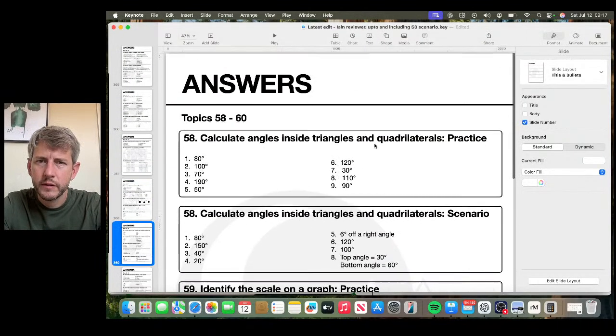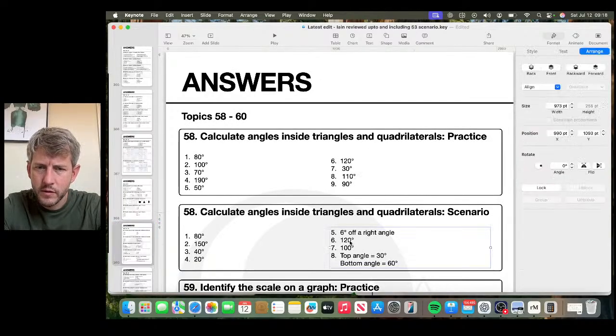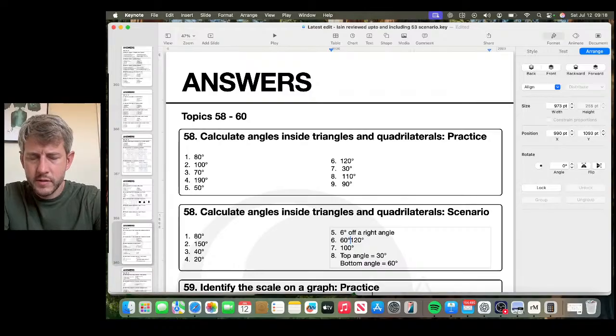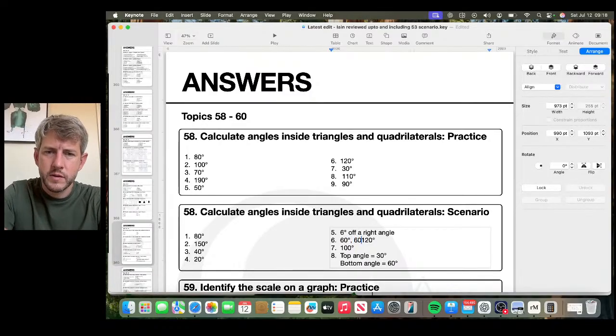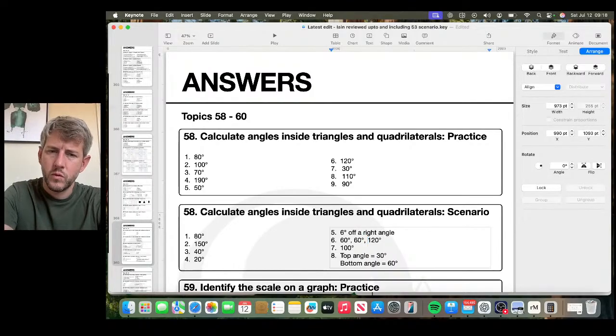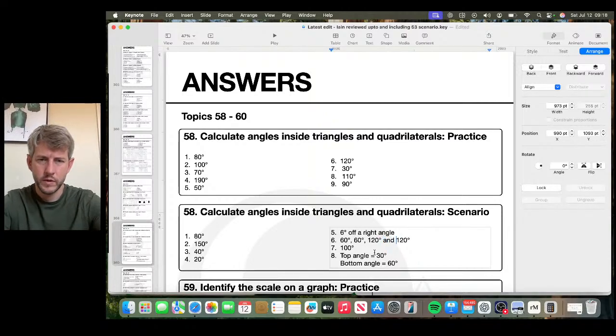Where are we? Question 6. So 60 degrees, 60 degrees, 120 degrees, 120 degrees.